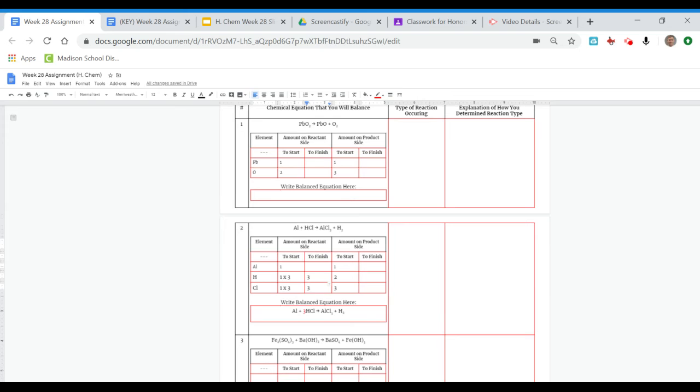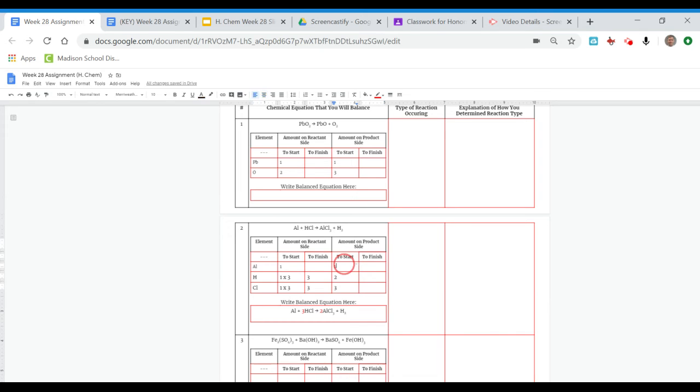Let me think. What if I put 2 on this side? Let me change it to red. 2 on this side. So that's AlCl3.